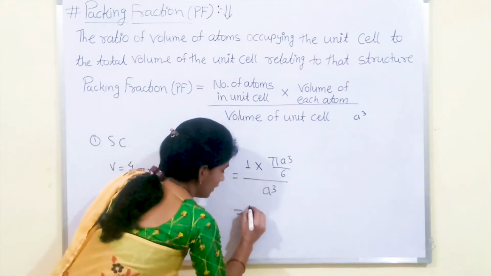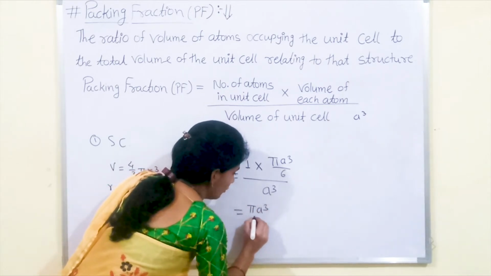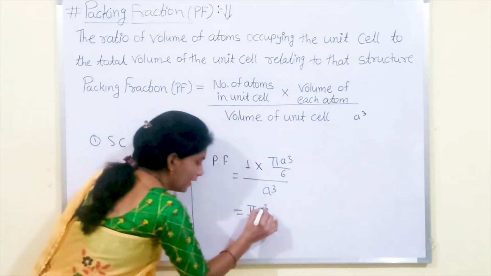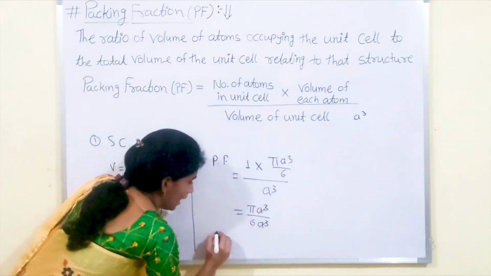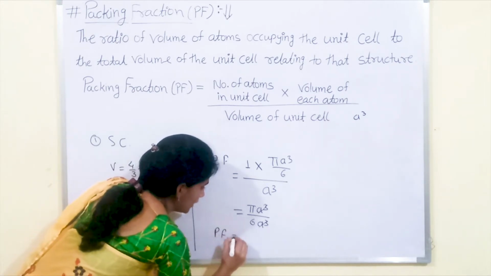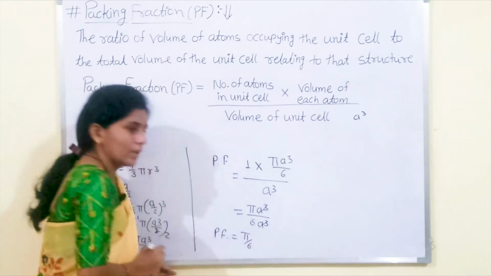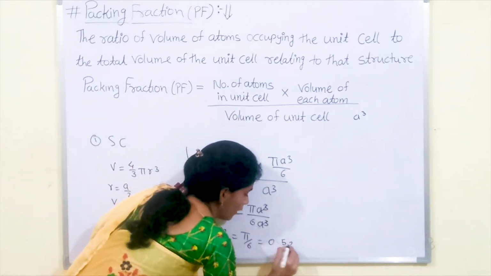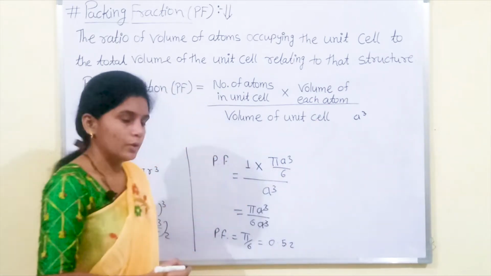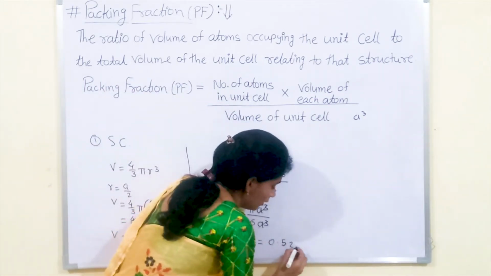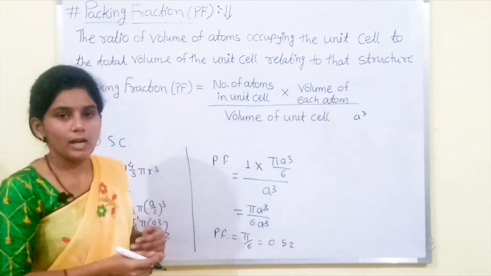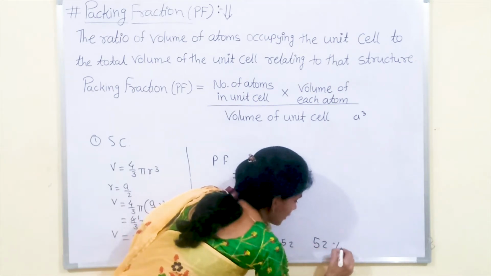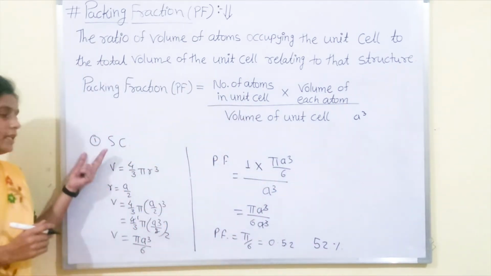So PF is pi a cube divided by 6 a cube. The a cube cancels and PF is pi by 6. Calculating this value gives 0.52, so in percentage the atomic packing fraction of simple cubic is 52%.